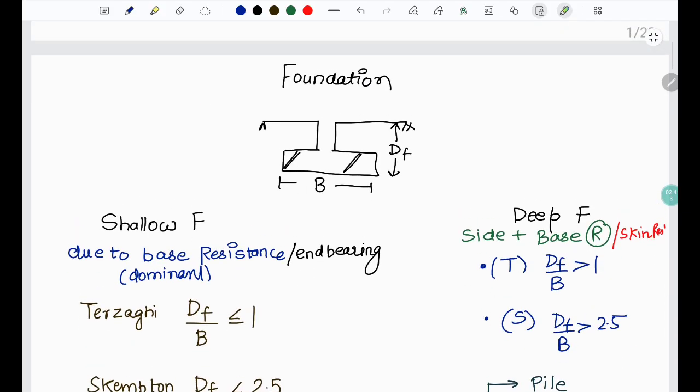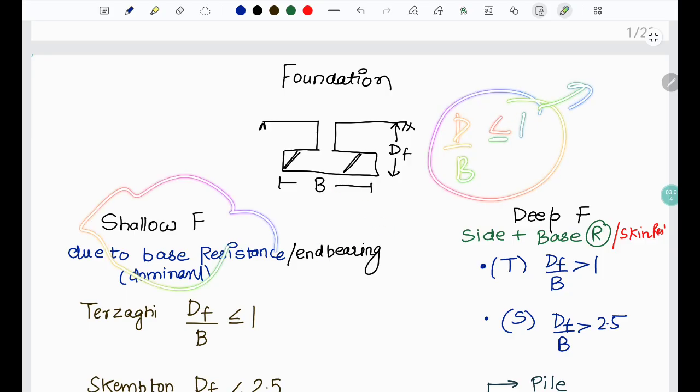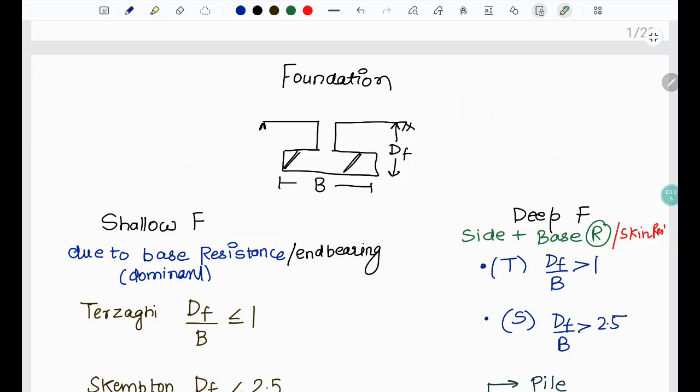Now let's classify the foundation. Generally we'll be discussing in respect to a square footing. If the depth to width ratio of any foundation is less than or equal to 1, as per Terzaghi it will be considered as a shallow foundation, that is, which is not very deep.